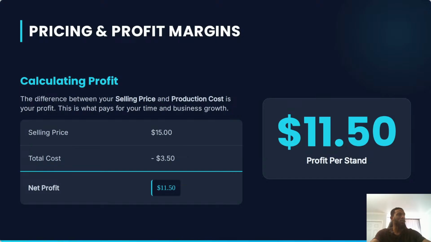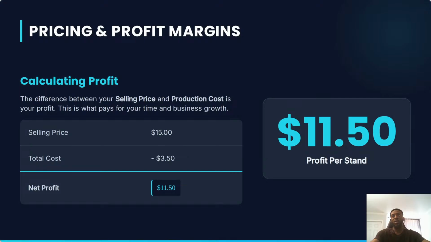So for example, we put the selling price for the headphone stand at $15. If we minus 3.5 from 15, we have a net profit of $11.50, even after paying for material and electricity. This money can be used to buy more filament, upgrade the printer, purchase tools, or grow the business.